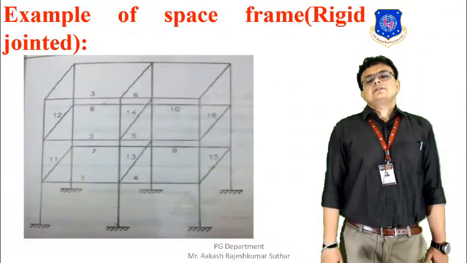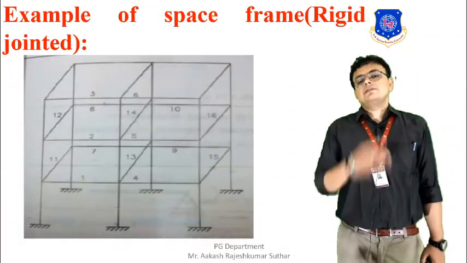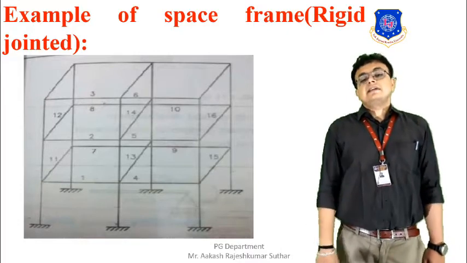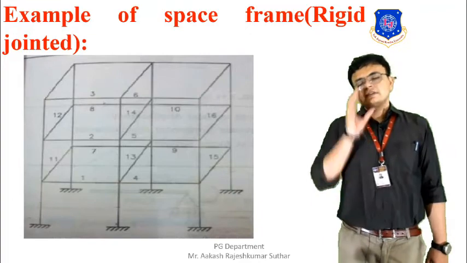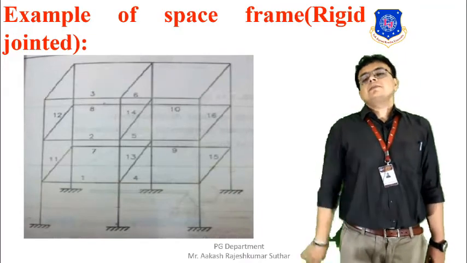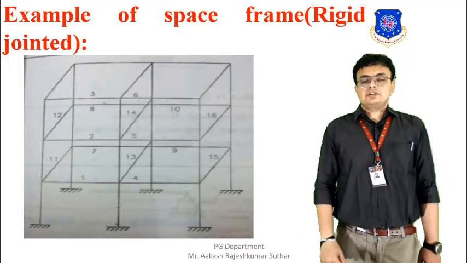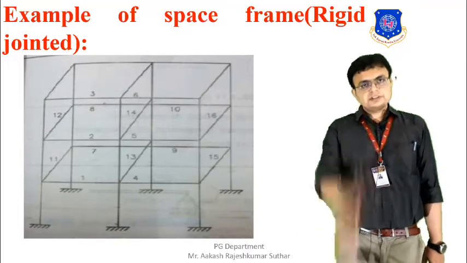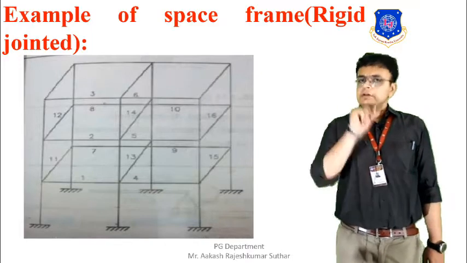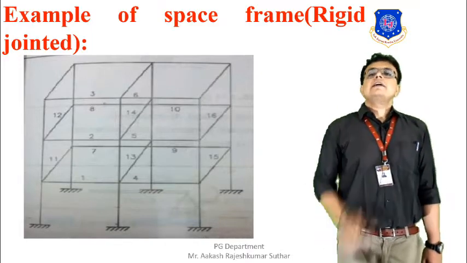For this purpose, we have to see the supports. You can see from the figure that there are mainly 6 fixed supports, and in a fixed support, particularly in a space frame, there will be 6 reactions. All the forces in 3 directions and all the moments in the 3 directions. Cumulatively, there will be 6 reactions at each support.